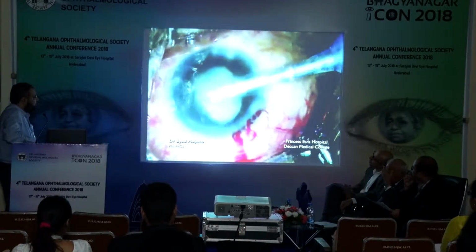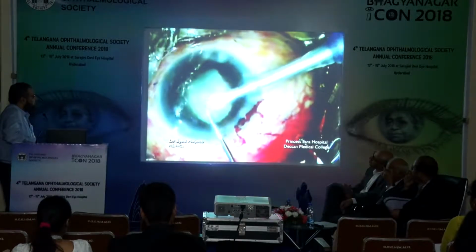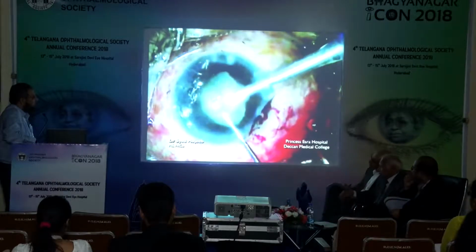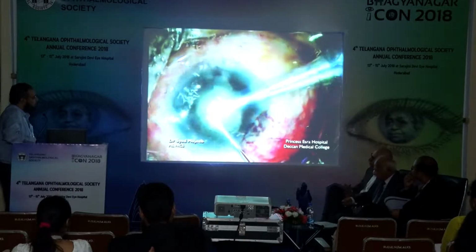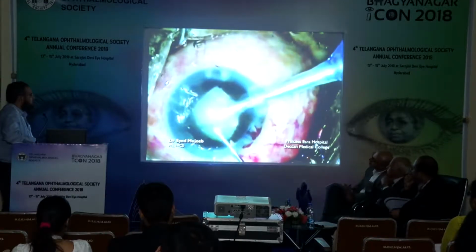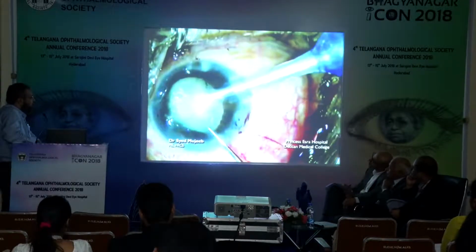I made another port with partial entry into the anterior chamber so that the chamber remains stable. The cornea started becoming hazy during the surgery as we injected viscoelastic.